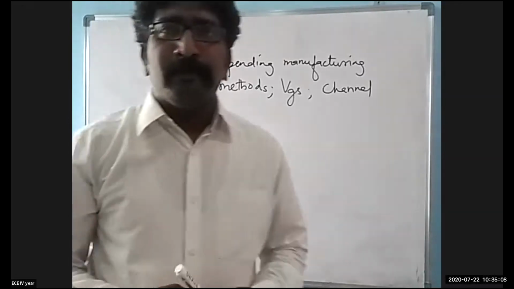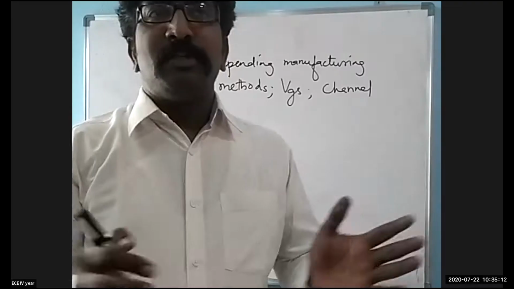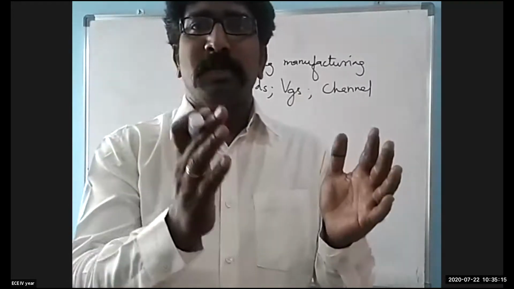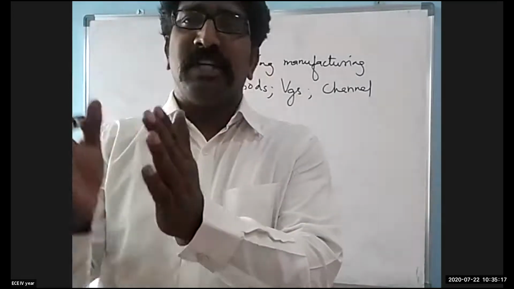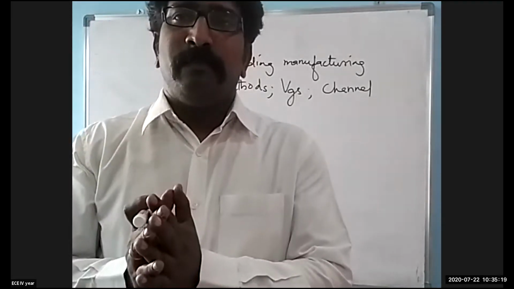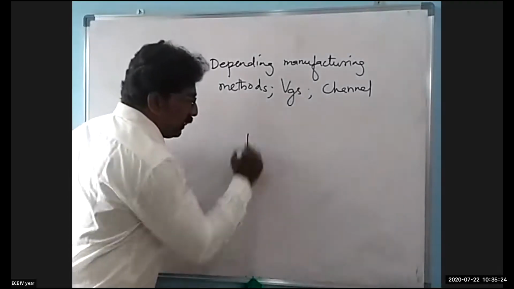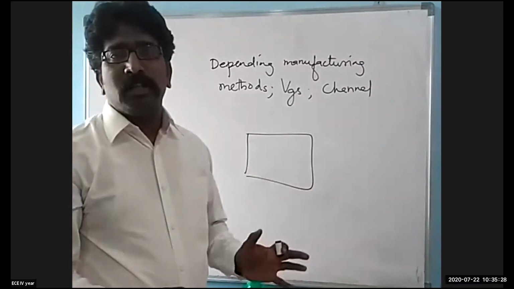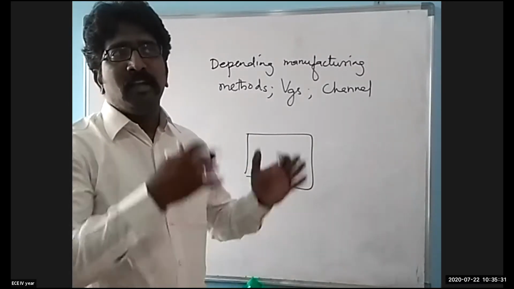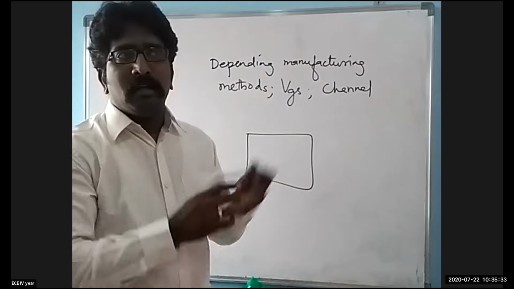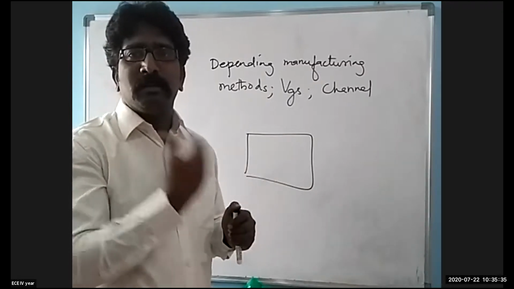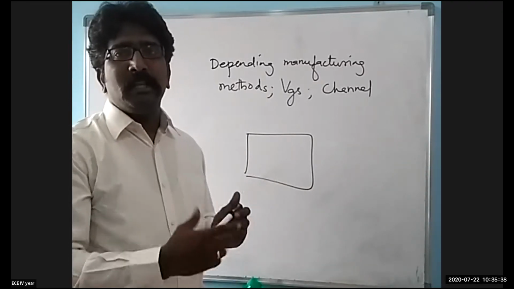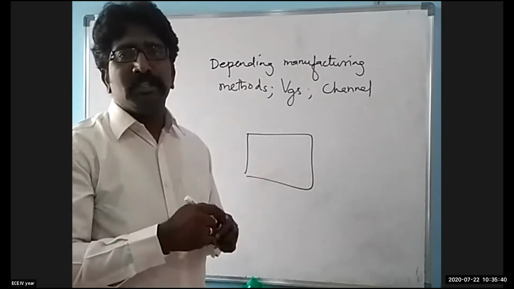Sir, what is the symbol for BiCMOS? See, BiCMOS means the entire input part will be a CMOS structure and the output part will be only BJT. One BJT will be connected. I can't go on drawing the entire models of all the inputs, because the input part will have different circuits: amplifiers, counters, signal processing units, many application-oriented circuits.